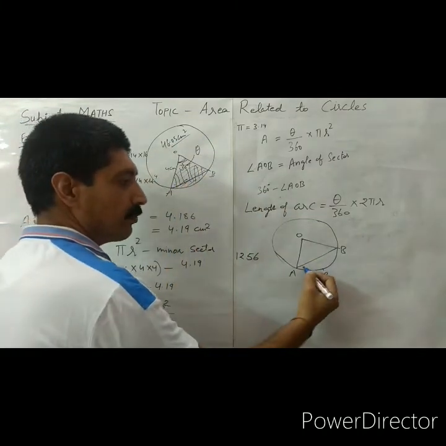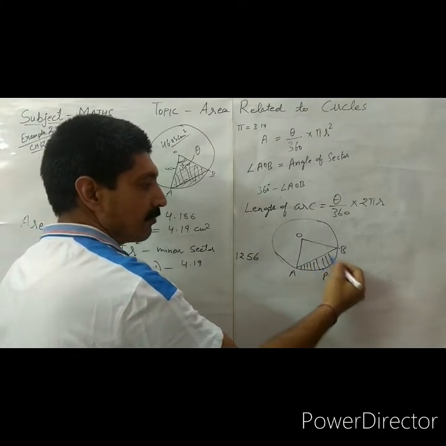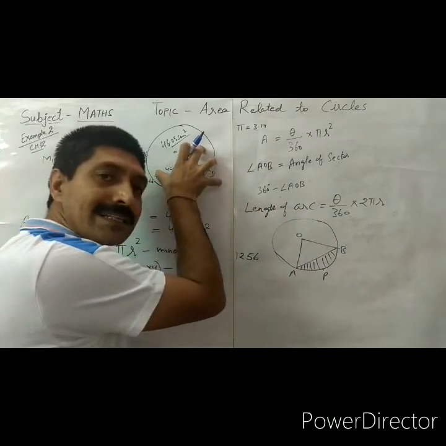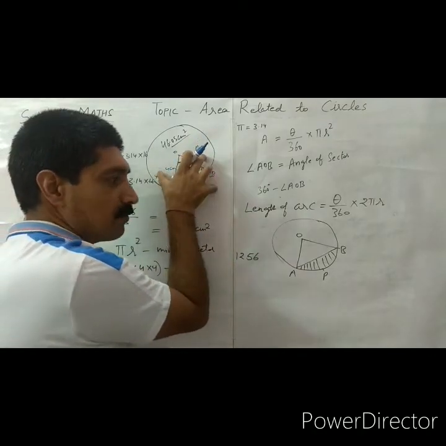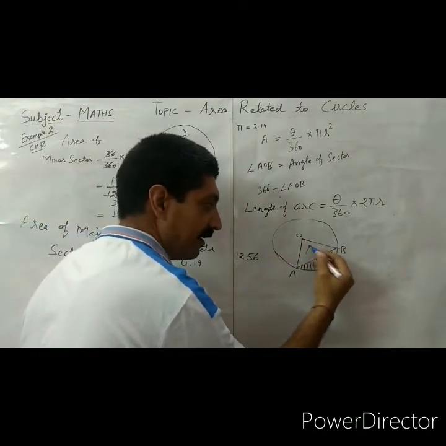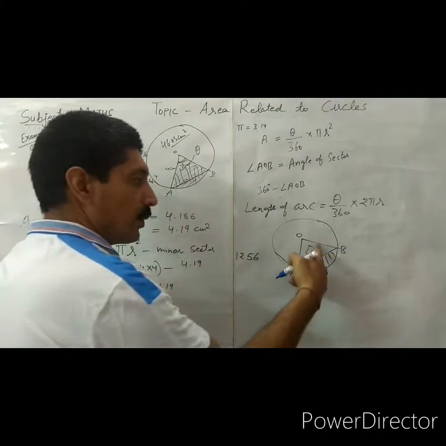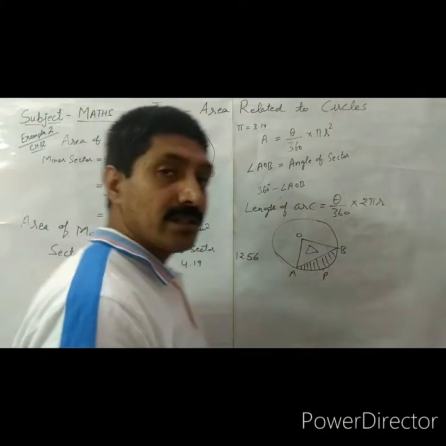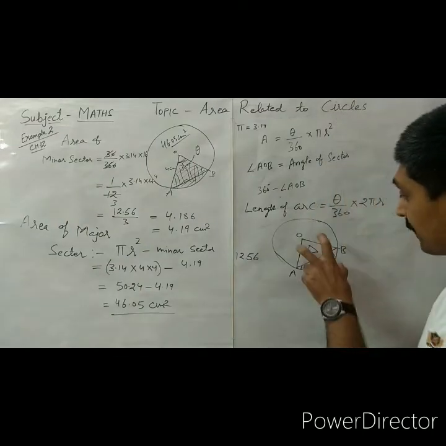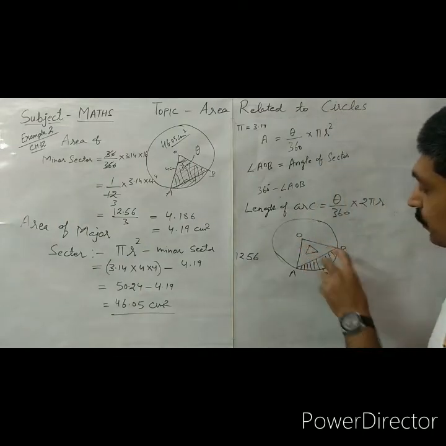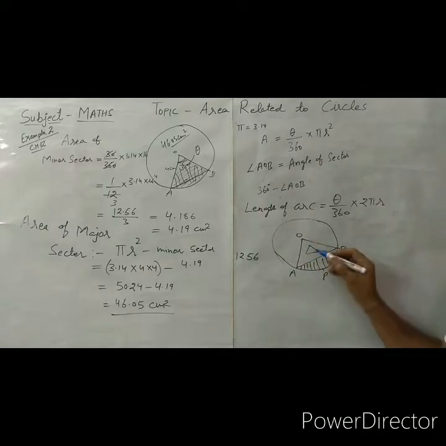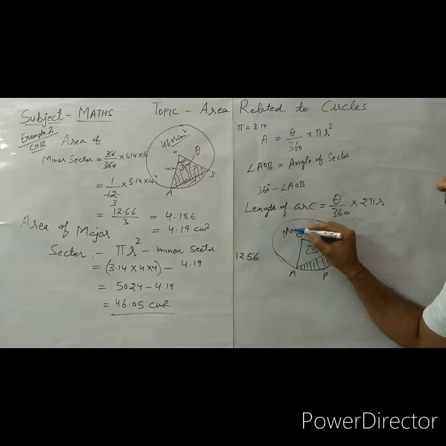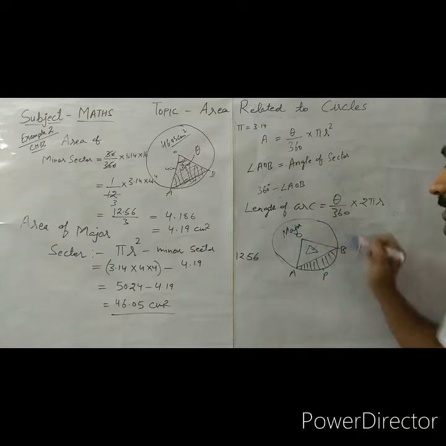To find this shaded area, we have to find the area of the sector, and from this area of the sector we have to subtract the area of this triangle. So dear students, the area of the segment, meaning the minor segment, is equal to the area of the sector minus the area of this triangle.